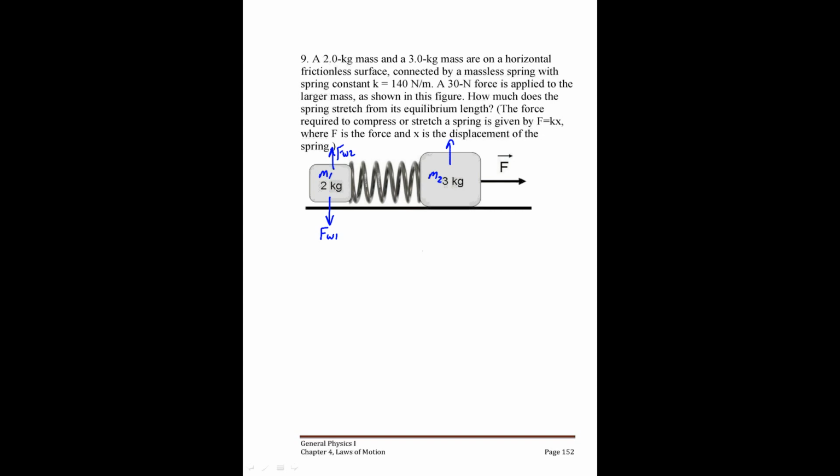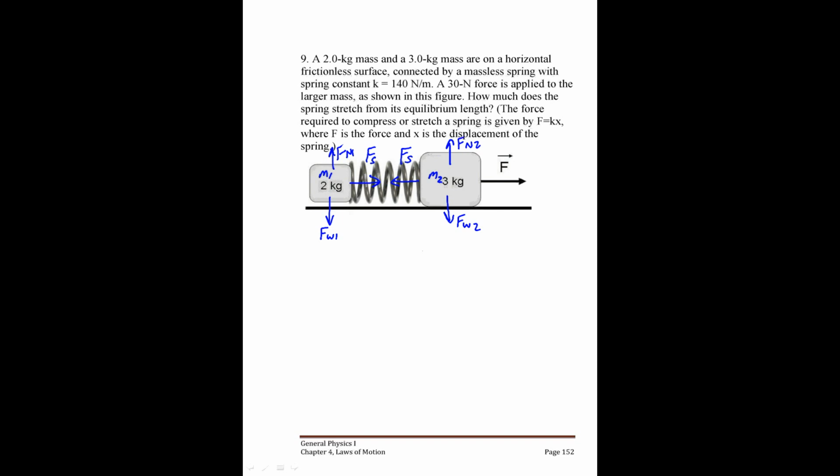And that's not FW1, I'm sorry, that's FN1. So the weight of the first block, and then the normal force. This is FN2. And this is FW2. We also have the forces exerted by the spring. Those go in this direction, and they're both the same, equal and opposite, and they're Fs.